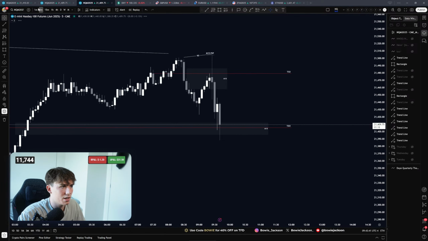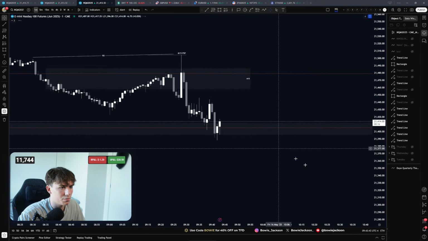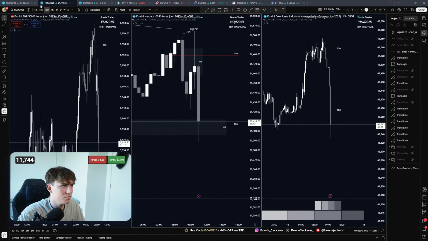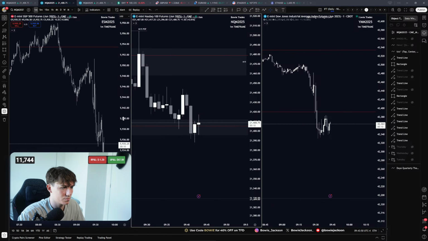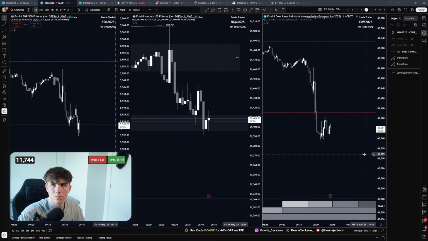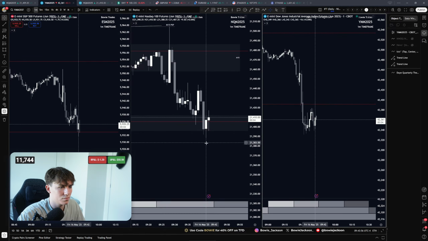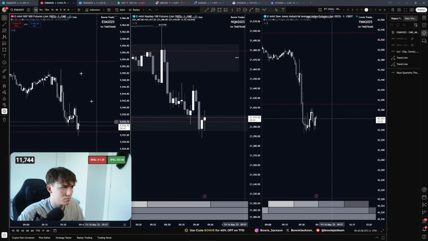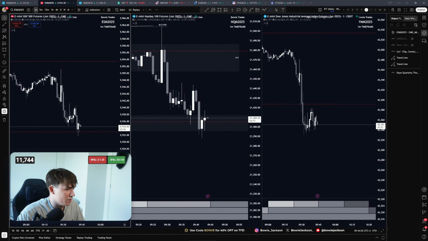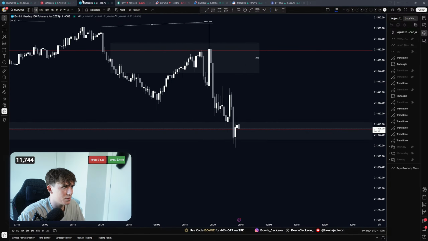Okay, we've got 1 minute left. Let's see if this closes bullish or bearish. Do you think we can partial if price hits London lows?